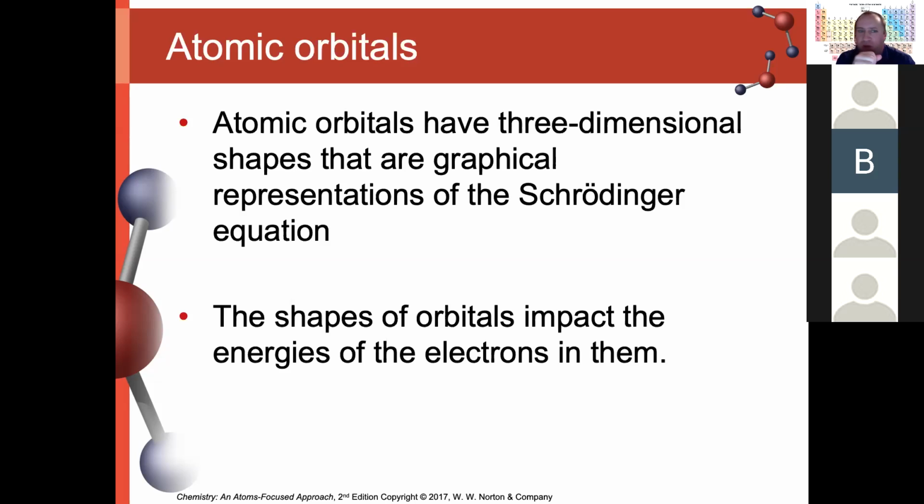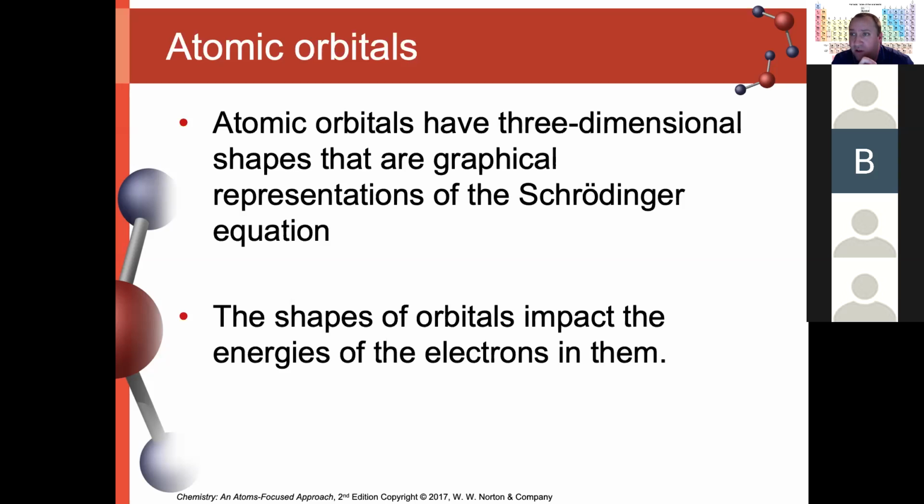And the reason for that distinction is something called the Heisenberg uncertainty principle. The uncertainty principle basically says that we cannot know precisely the position and the momentum of an object at the same time, a subatomic particle.